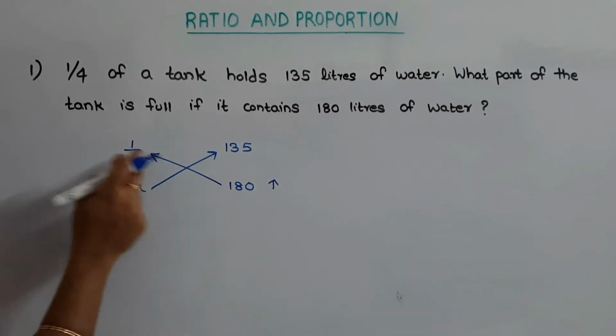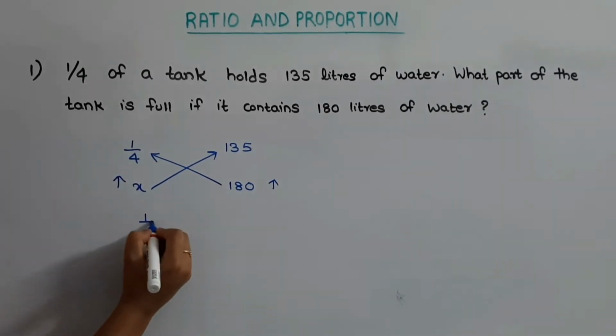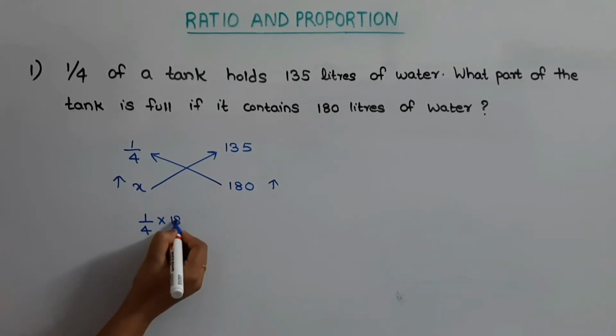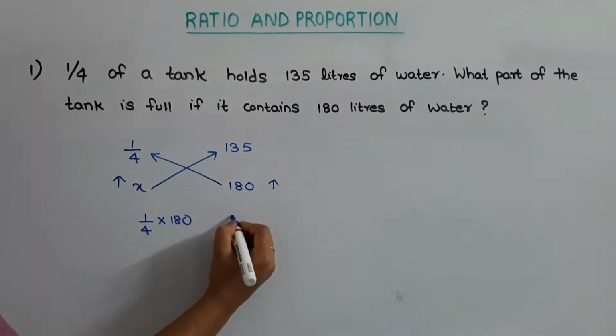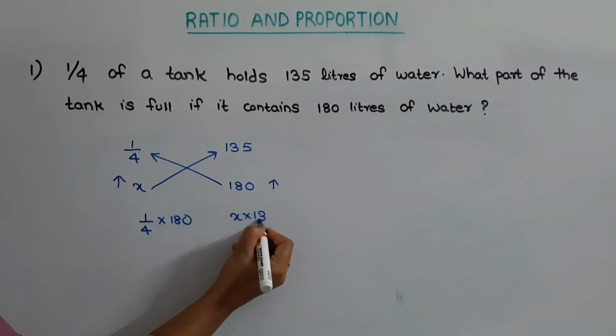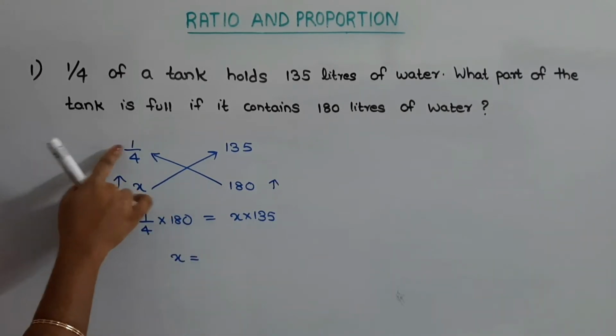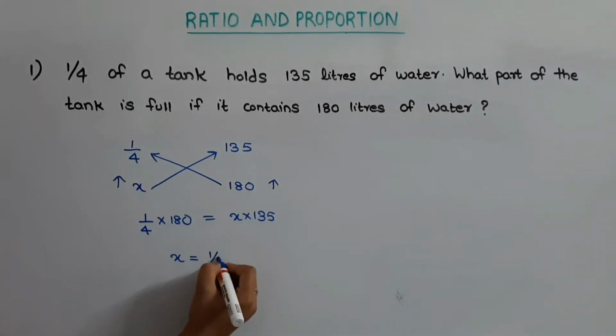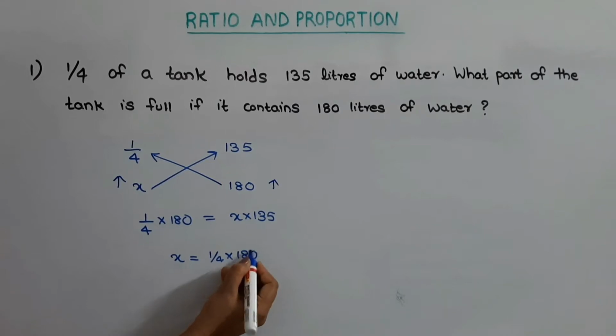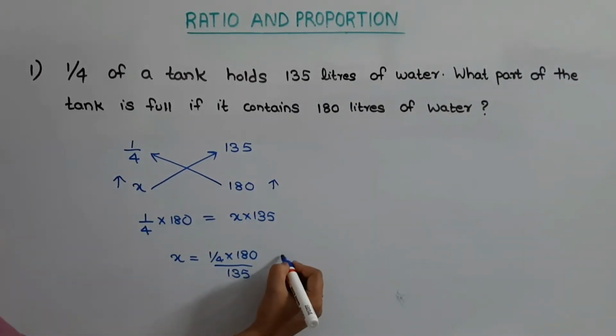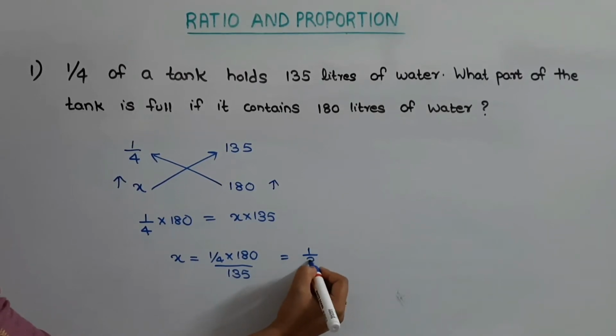Now multiply this 1/4 by 180 and multiply this x by this 135. Now equate them. On solving this, we will get the x value as 1/4 into 180 divided by this 135. So on solving this you will get it as 1/3.